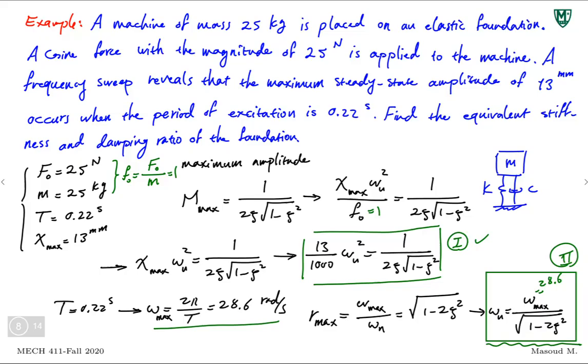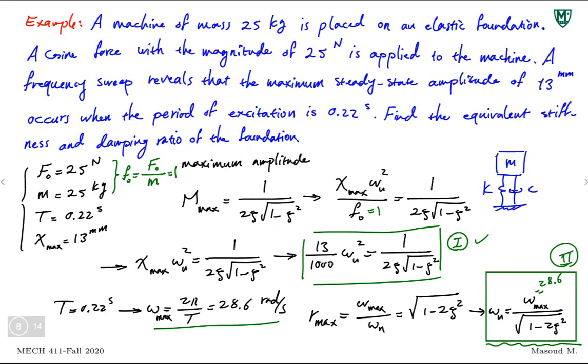I'm going to square the right side, so I get 28.6 squared divided by 1 minus 2 zeta squared. I can get rid of the square root sign when I square the whole fraction.